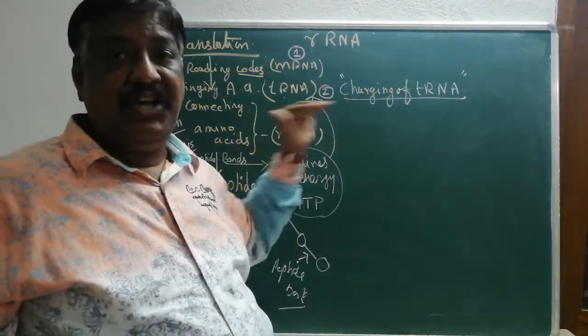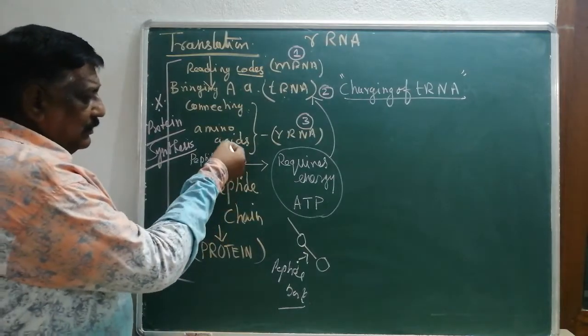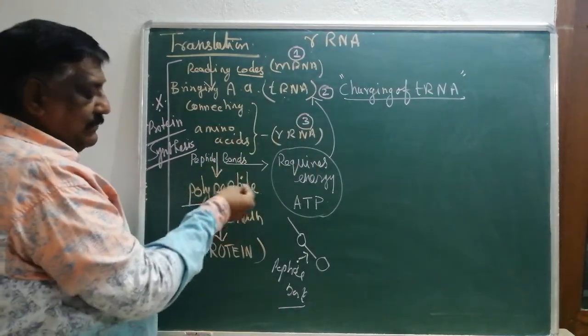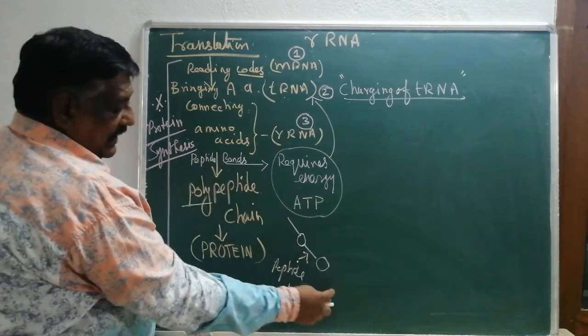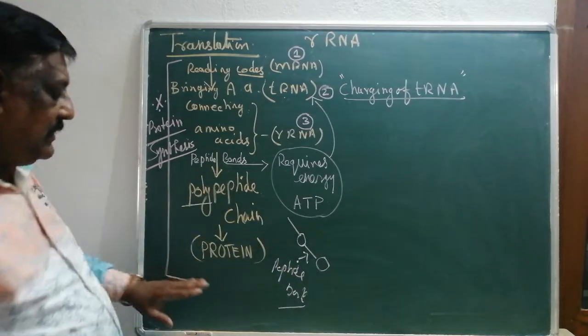Now tRNA is charged, ready to bring the amino acids. Now the rRNA, with the help of its enzymes, makes the peptides. Then it connects the peptide bonds and makes a polypeptide. Polypeptide is nothing but protein.